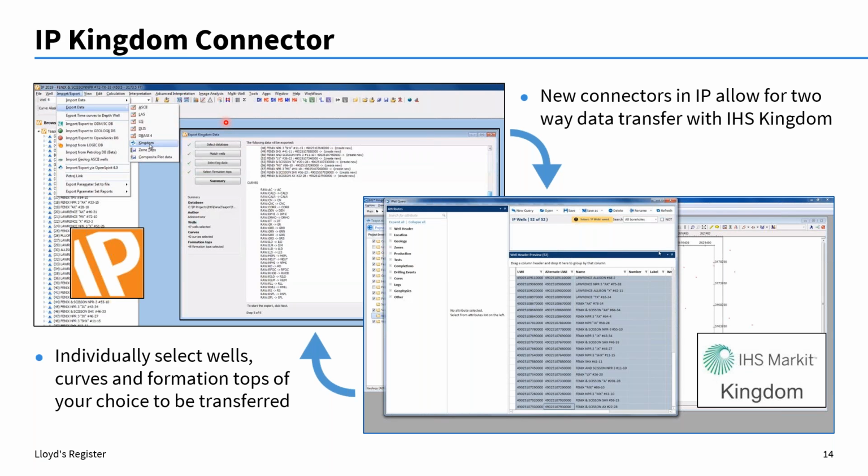The data that you could transfer are things like well data, logs, electrical logs, and formation tops. Once the connection is made, it gets a summary of the data that is going to be transferred. Again, you could go from IP to Kingdom or from Kingdom to IP.